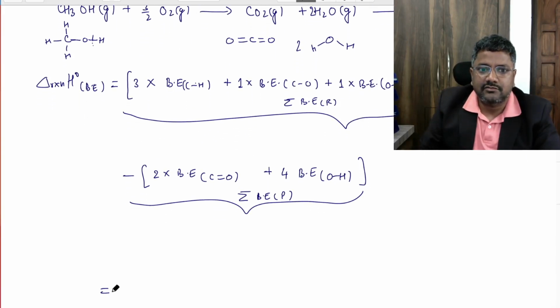So this is equal to 3 into bond energy of CH bond, which is 414.